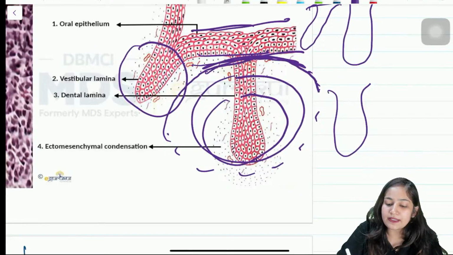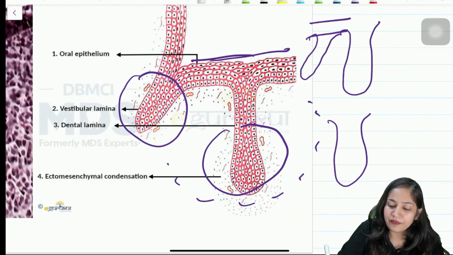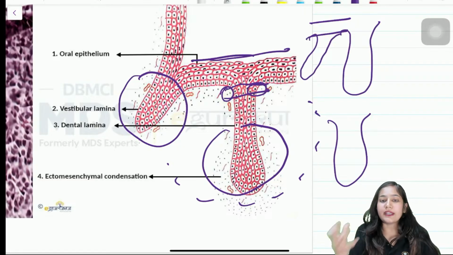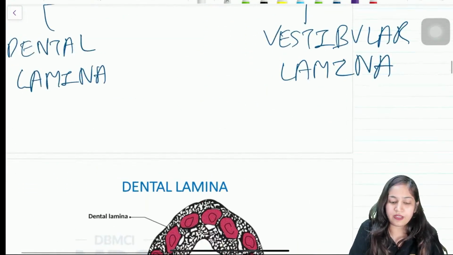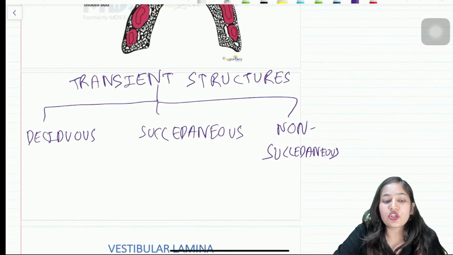This portion connecting the epithelium is our dental lamina, which will later disintegrate. So dental lamina is a transient structure leading to the formation of deciduous, succedaneous and non-succedaneous teeth.